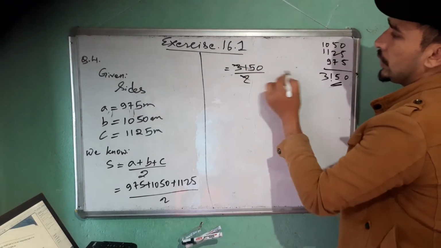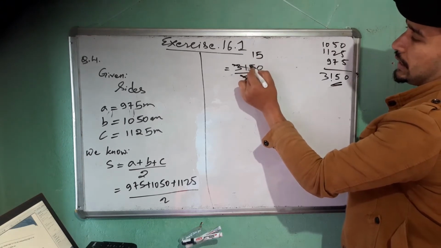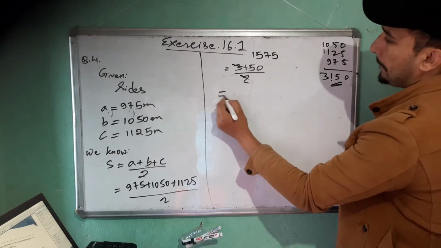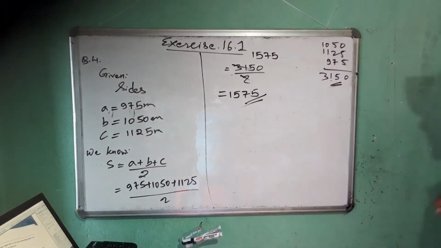So the sum is 3150, and 3150 divided by 2 is 1575. This is the semi-perimeter.